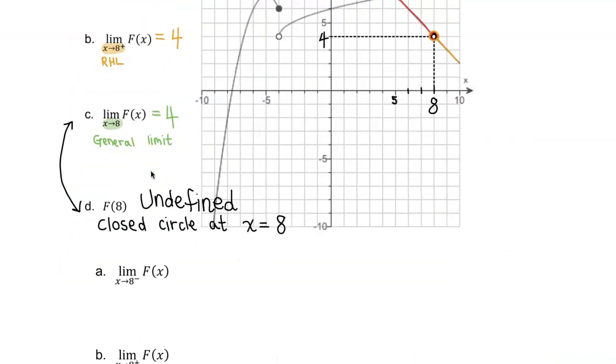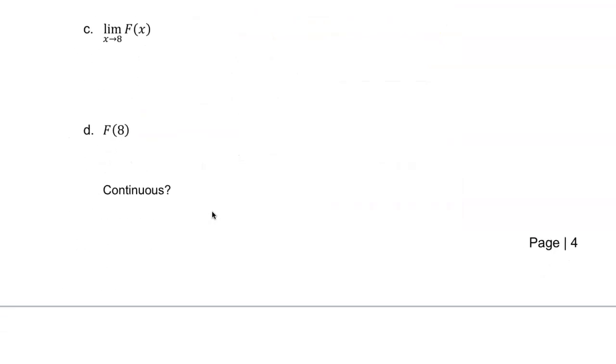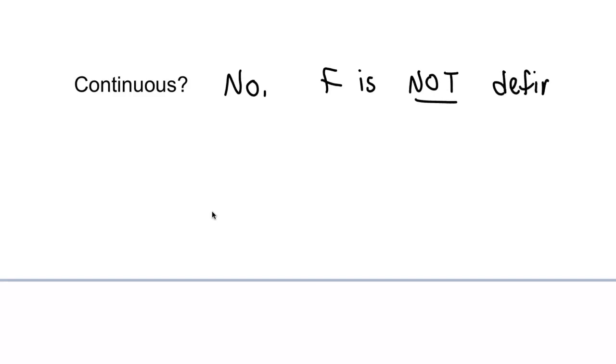Do we get to say that over here? Well, the limit is 4, but the function is not even defined. So guess what? When they ask you down here, continuous, we're going to tell them no. We'll say f is not even defined at x equals 8. So it cannot be continuous.